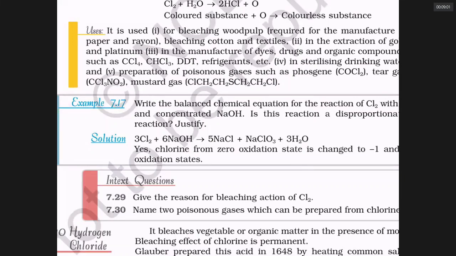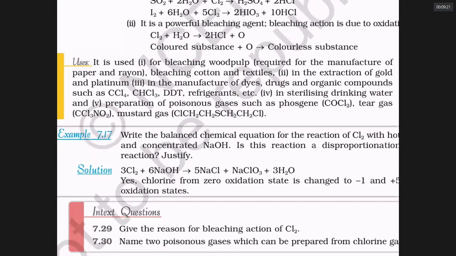Total number of electrons involved in the transfer is 5 out of 6 Cls. If you want to know the equivalent weight, it is the total atomic weight of the atoms undergoing change divided by the total number of electrons involved. Atomic weight of 6 Cls divided by 5 is the equivalent weight. When chlorine reacts with cold NaOH, you get only NaCl and NaOCl.